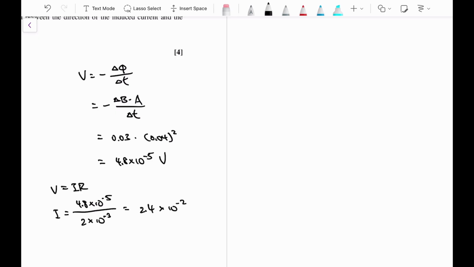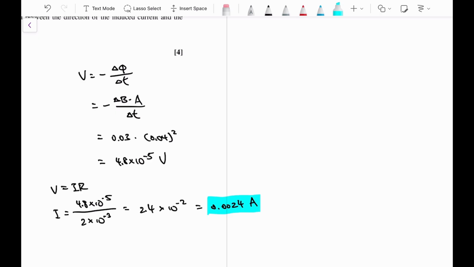So that will be 0.024 amperes, and that will be the answer to one of the questions.